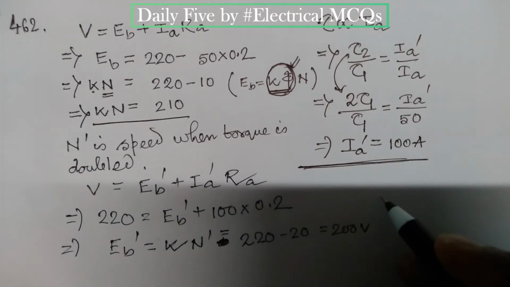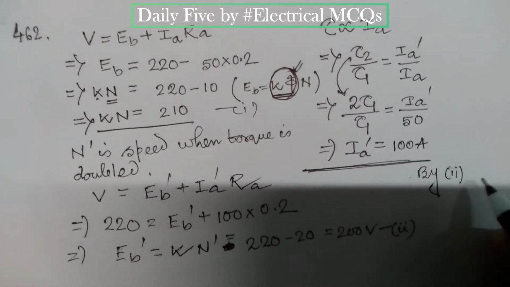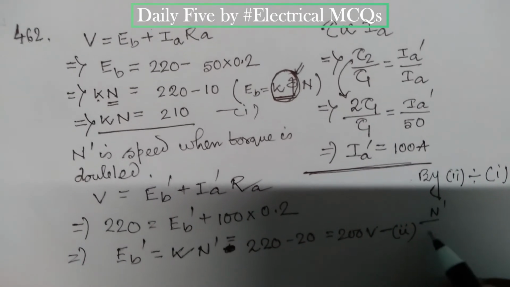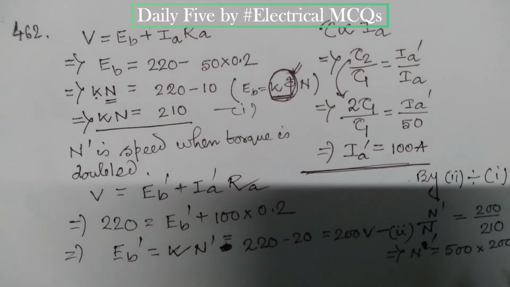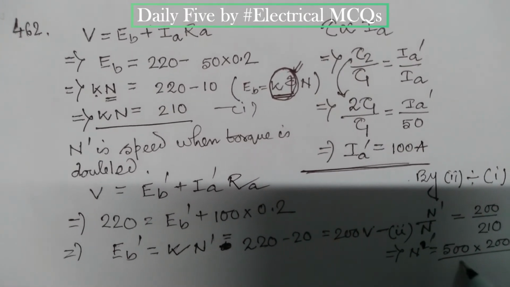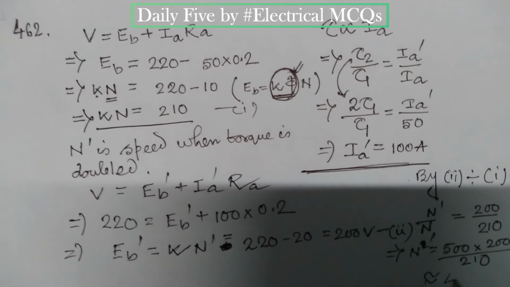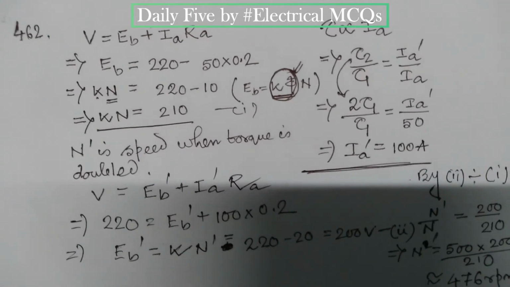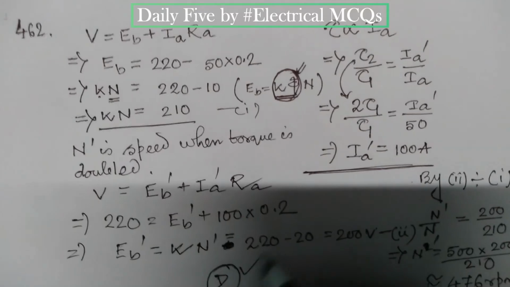Okay, so by dividing 2 by 1 we get N dash by N equal to 200 by 210. This N dash is equal to 500 into 200 by 210, where 500 is the previous speed of the motor, that is N, and N dash becomes 476. So option D will be the answer.